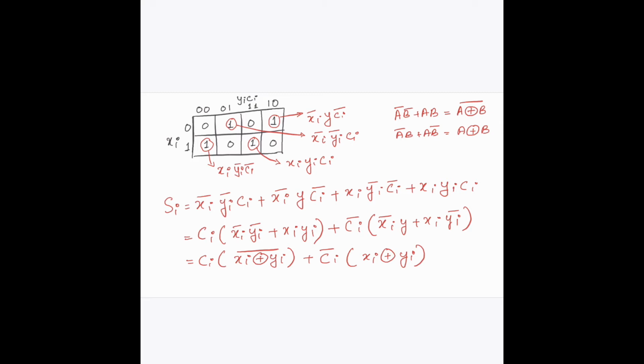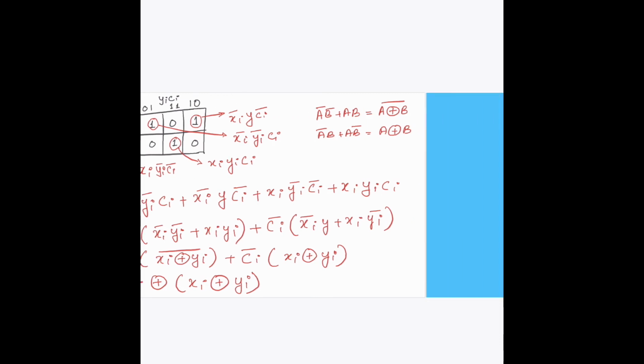Again, this is equivalent to a b bar plus a bar b, so we can write it in terms of XOR. This can be written as ci XOR xi XOR yi. So this will be the final expression for si.